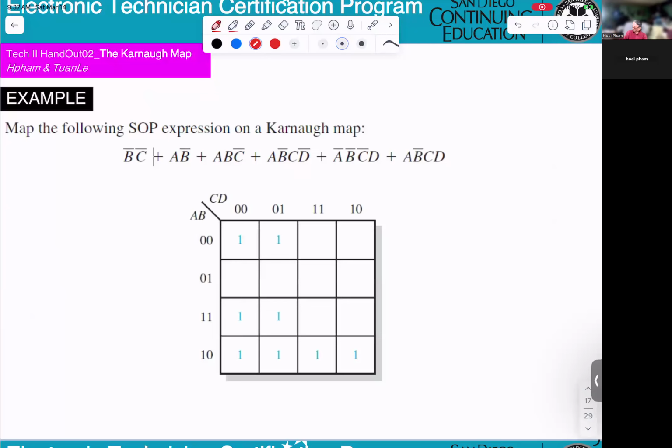So the first one, you can use in this one. Okay? And the next loop will be this one. Okay? And the last one here to here. Okay.